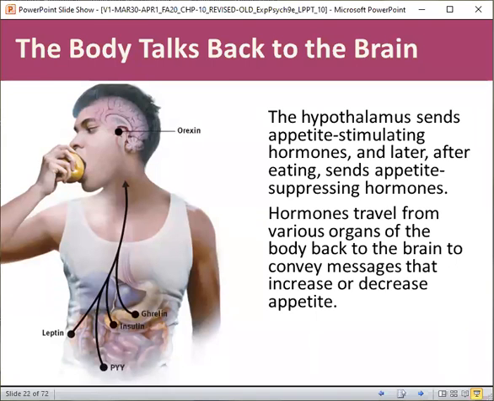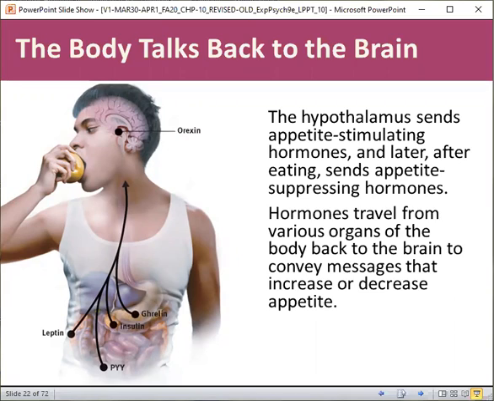Now, the hypothalamus will send out these appetite stimulating hormones, and later, after eating, it will send out appetite suppressing hormones. Hormones travel from the various organs of the body back to the brain to convey messages to decrease or increase one's appetite by releasing certain other substances.